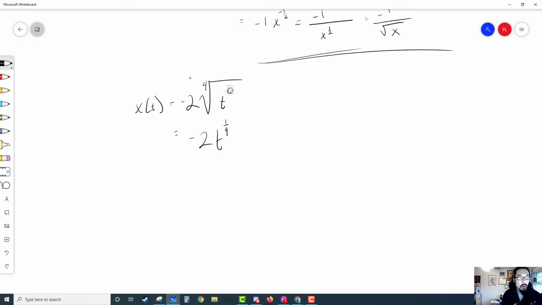So if I were to actually derive this, we get negative 2 times a quarter, times t to the 1/4 minus 1. If I were to clean this up a bit, negative 2 times 1/4 gives us negative 1/2. 1/4 minus 1 gives us negative 3/4. So we could write it like this.